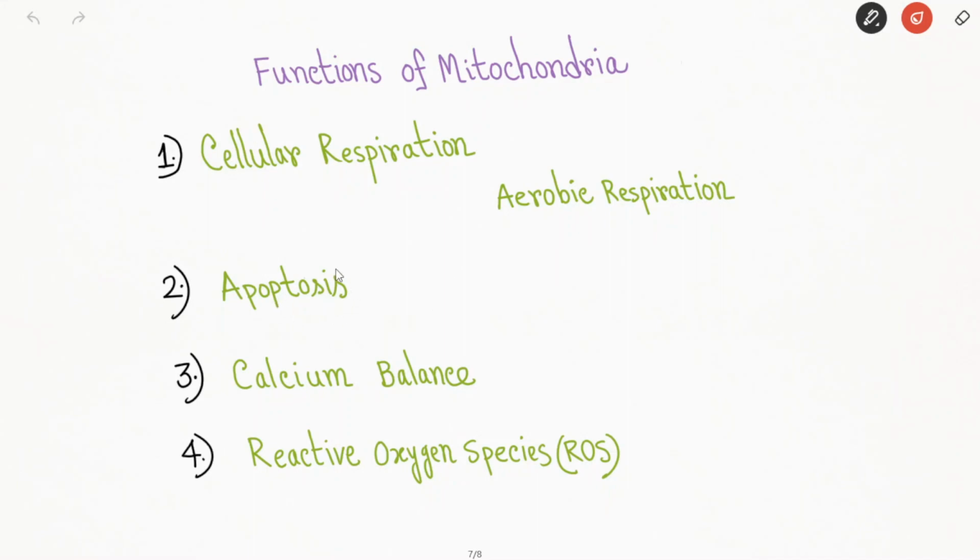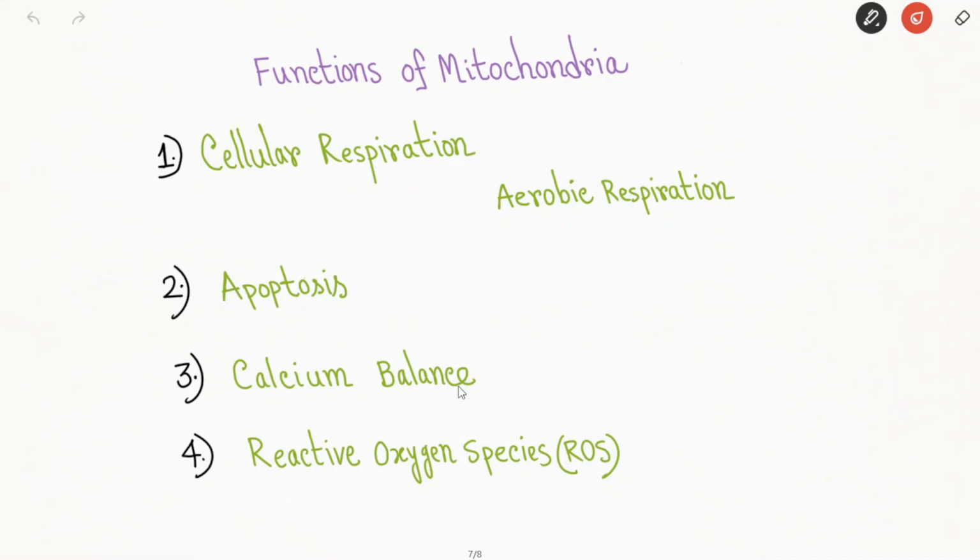This is actually helpful for us. For example, if one cell becomes cancerous and can affect other neighboring cells, mitochondria can start apoptosis, through which it can kill that harmful or already damaged cell, so that it cannot harm the other neighboring cells.